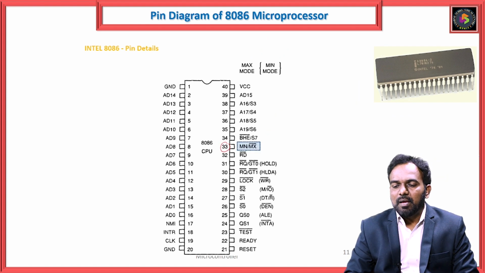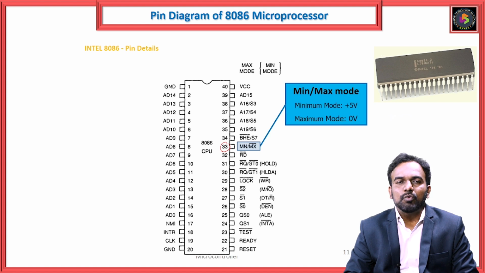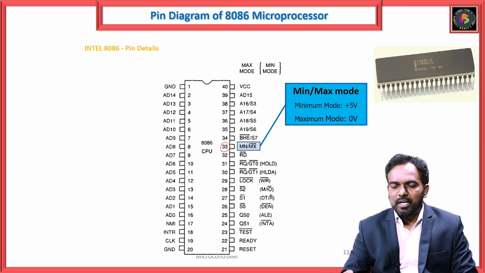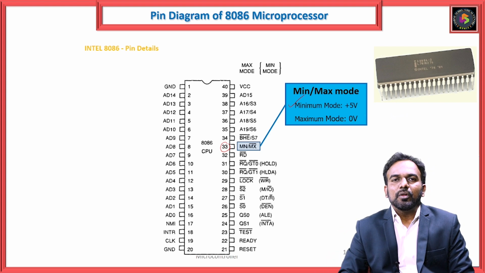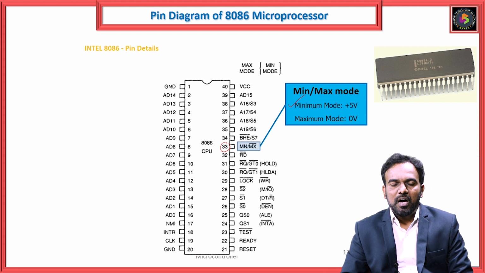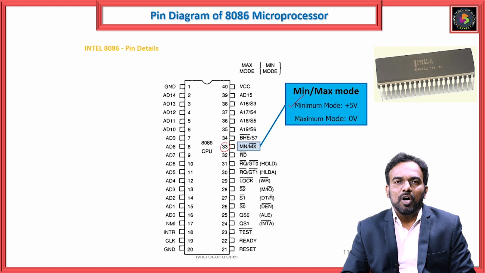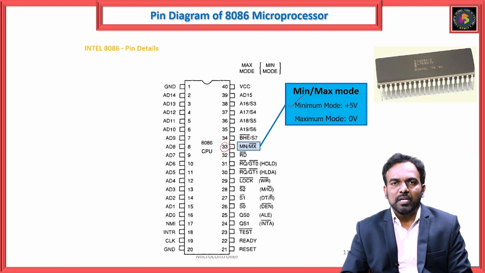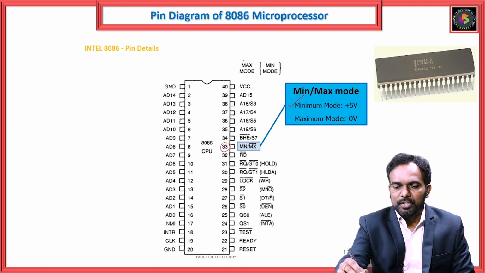If we make MN/MX bar equal to plus 5 volts or logic 1, we can operate our 8086 microprocessor in minimum mode. If we make MN/MX bar equal to 0 volts or logic 0, we can operate our 8086 microprocessor in maximum mode operation.